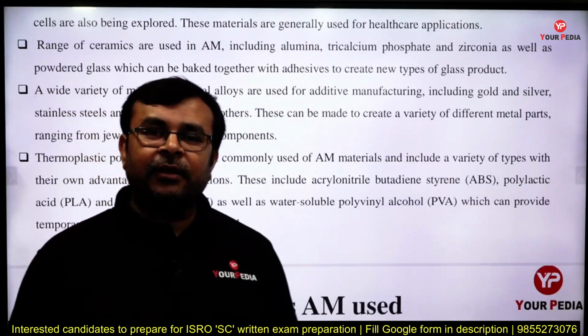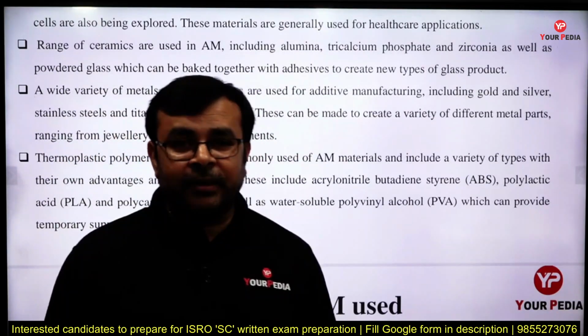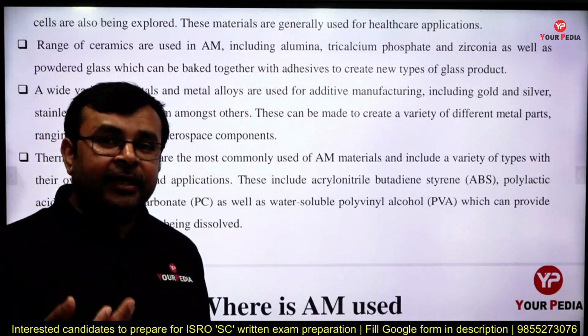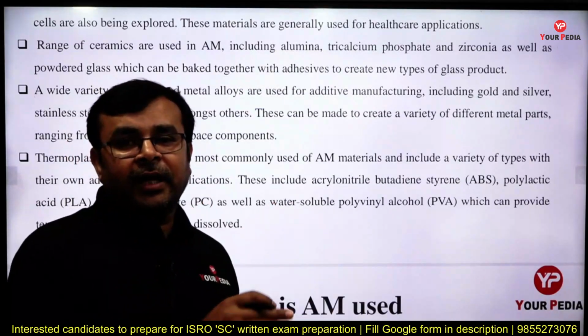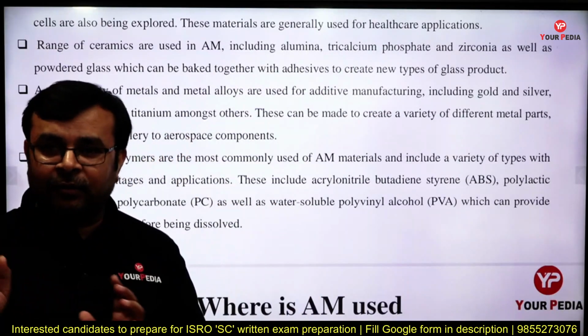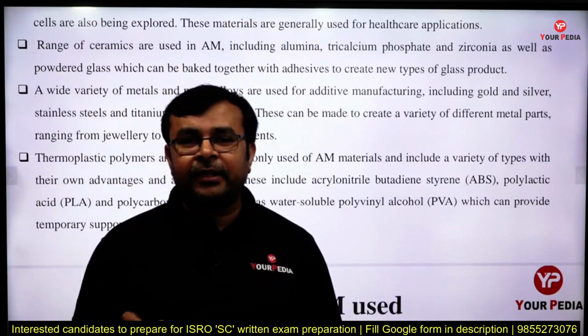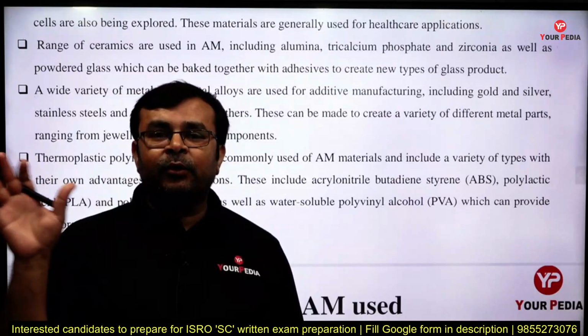And what is thermoplastic? Thermoplastics are those materials which are reusable, and can be used multiple times. By heating it gets softer, and by cooling it gets harder. So, this is the basic information about thermoplastic. And if we talk about thermosetting, then this is a one-time usable material.